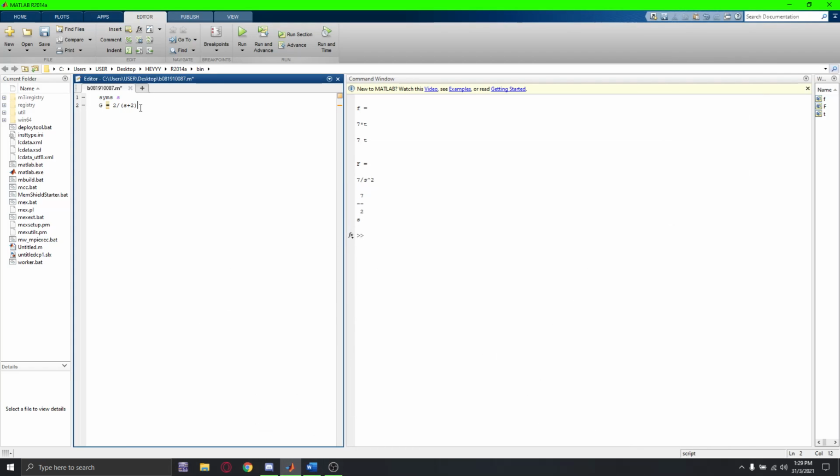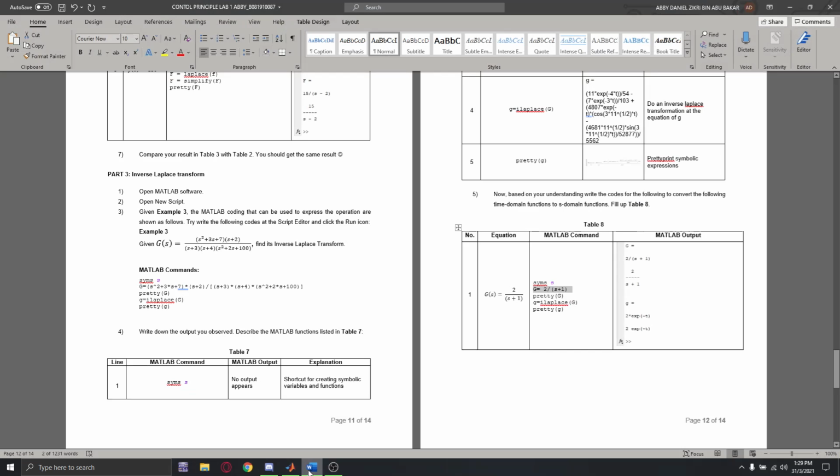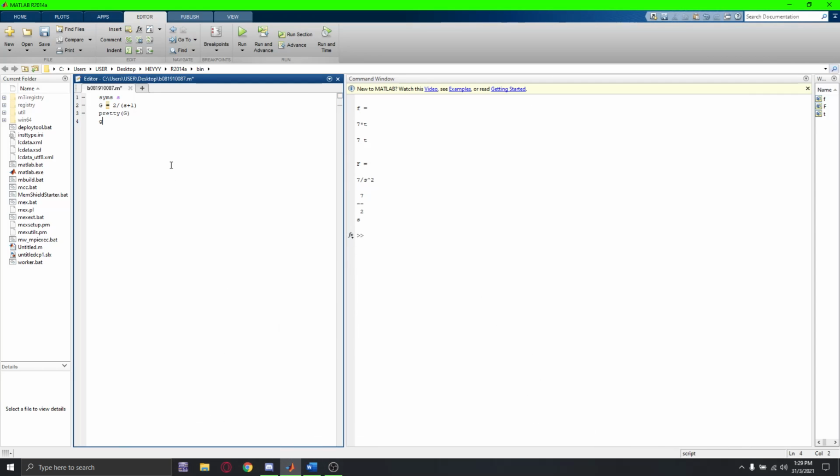First one. So the next step we will use pretty, just the same as part 2, and then we will use ilaplace to inverse Laplace the equation of G. And then we will use pretty again to show the answer more mathematically.